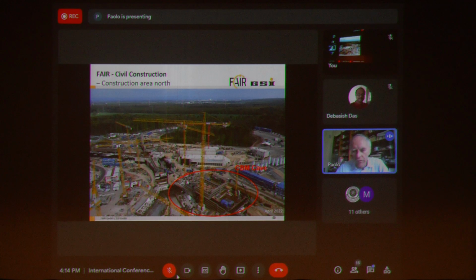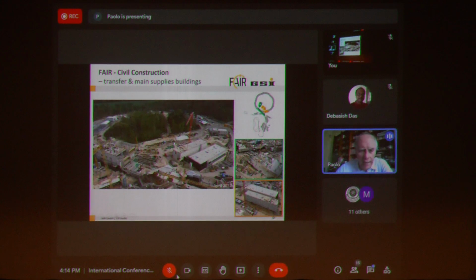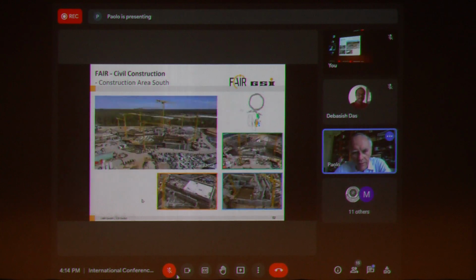This is the cave of CBM, being practically complete. I took a visit a few days ago, and actually you now walk in. It's painted inside, and various buildings. These are connection buildings between the different parts of the facility.